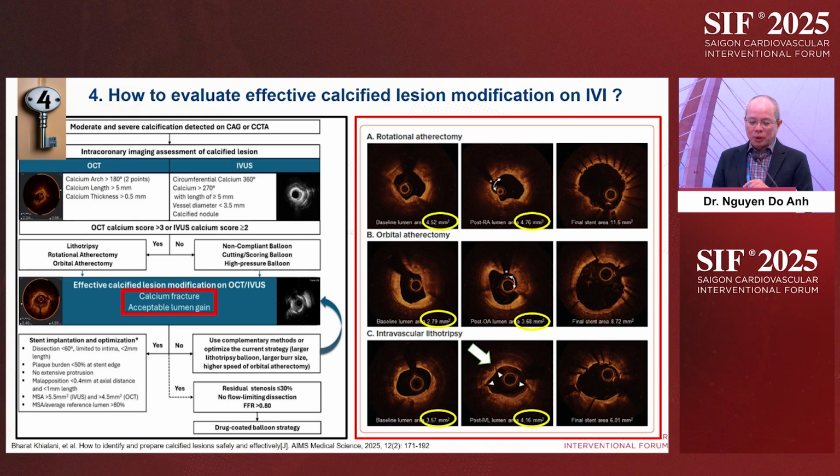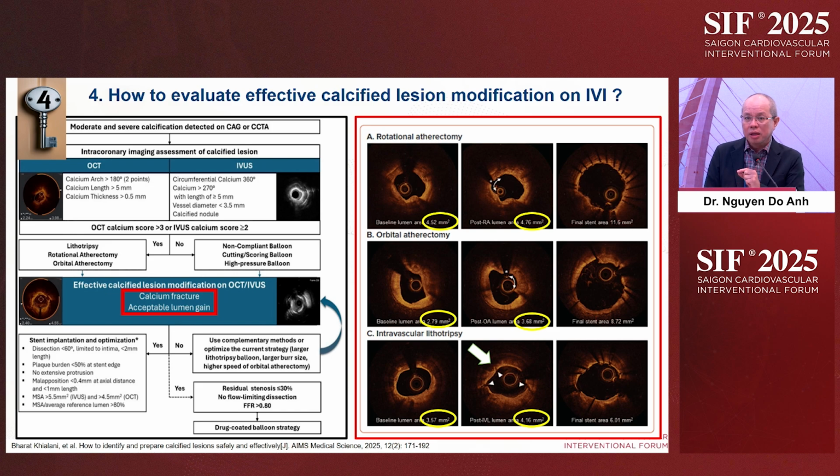So how do we evaluate effective calcified lesion modification on IVI? Two things are very important. The first is the acceptable lumen gain, and the second is evidence of calcium fracture on OCT and IVUS.